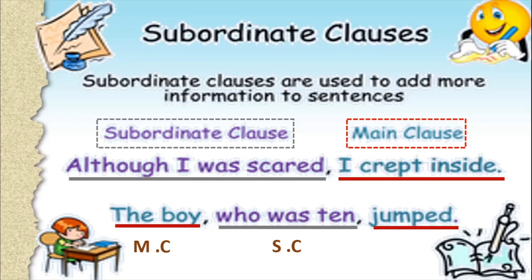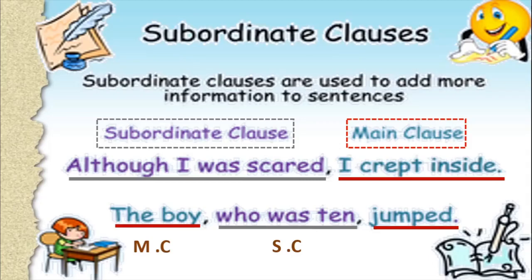That is perfectly fine. And we also saw the example where the subordinate clause is in the middle of the main clause. The main clause is split up and there is a subordinate clause in the middle. Okay children, so this is what a subordinate clause means, and we saw two examples of subordinate clauses as well.